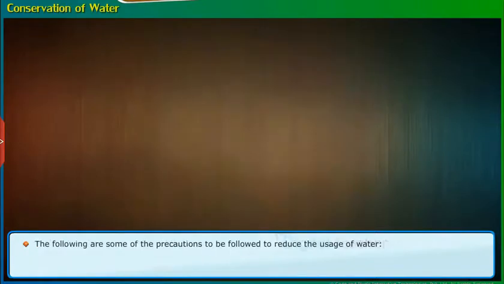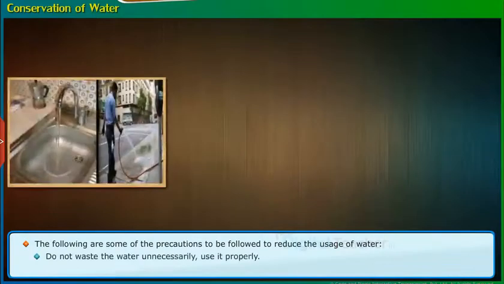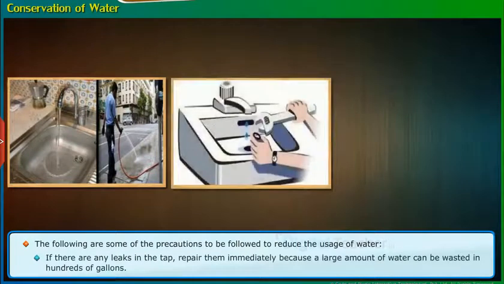The following are some of the precautions to be followed to reduce the usage of water. Do not waste the water unnecessarily. Use it properly. If there are leaks in the tap, repair them immediately because a large amount of water can be wasted in hundreds of gallons.